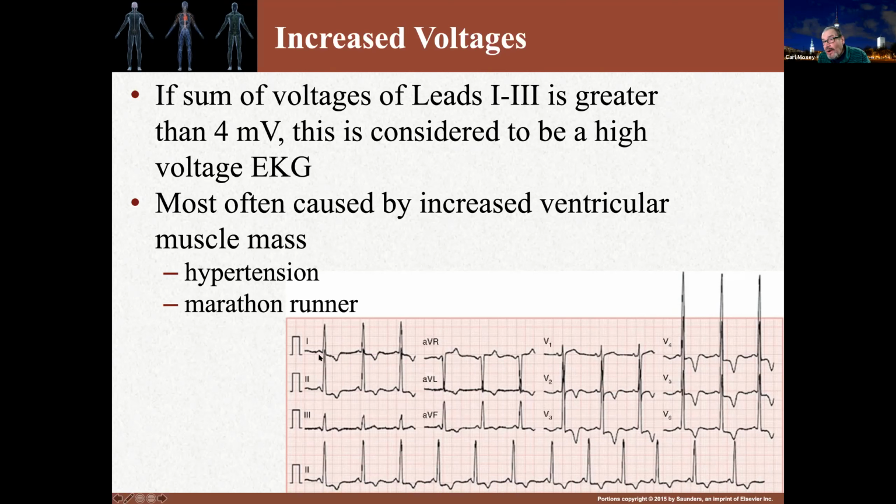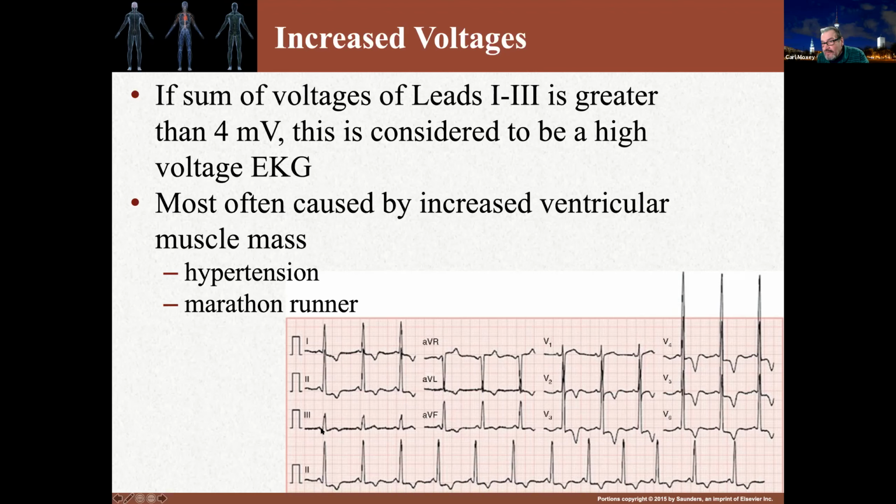Now, notice we are asking, what is the sum of voltages in leads 1, 2, and 3? So we look at 1, and we see that 1's voltage is 1, 2, 3 boxes. So that's 1.5 millivolts. In lead 2, it's 1, 2, 3, 4 boxes. So we're now up to 3.5.